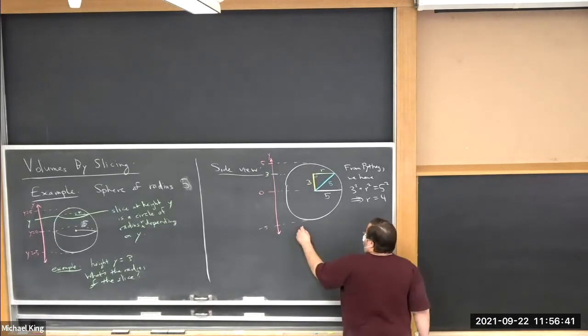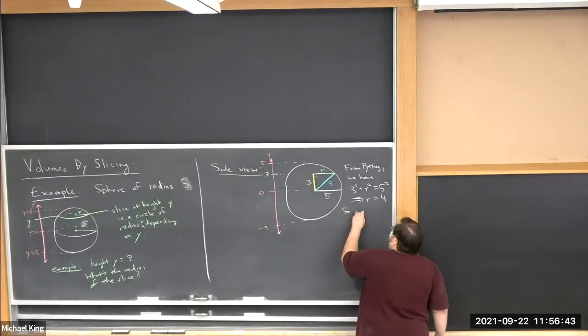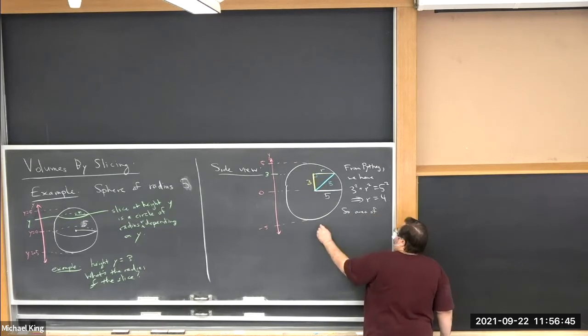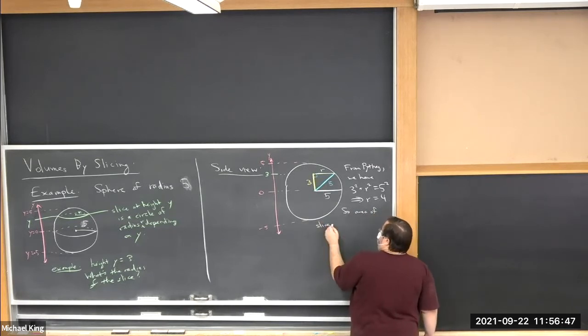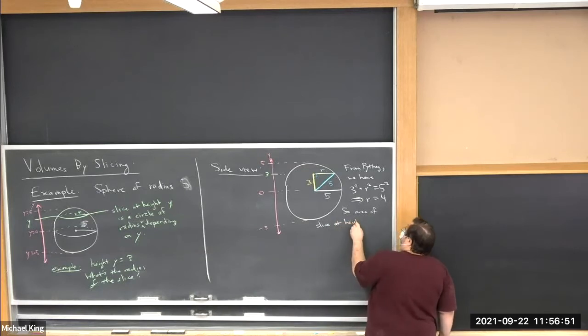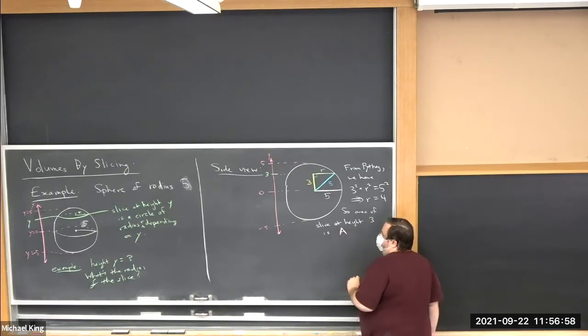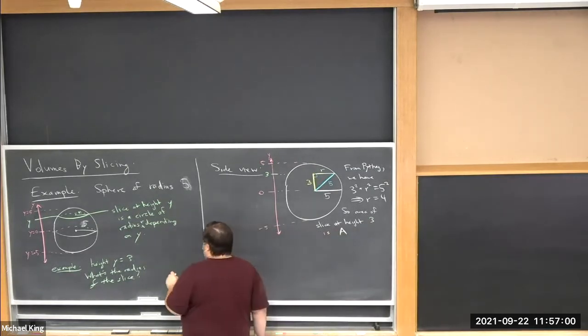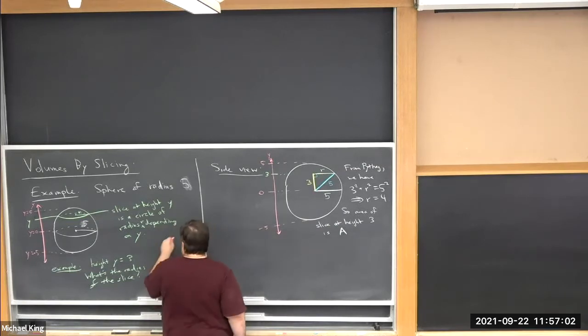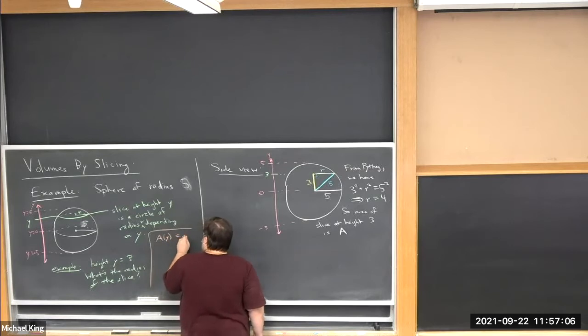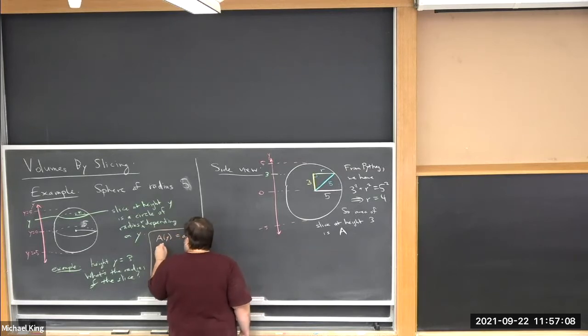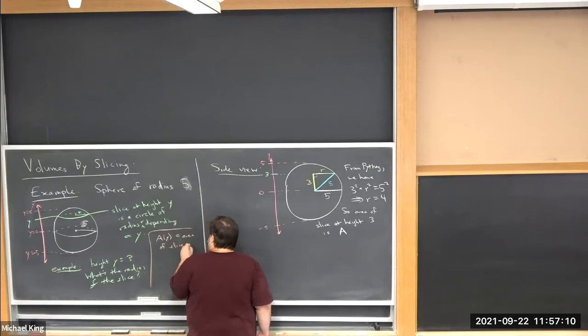So the area of the slice at height 3, since it's a circle, is, remember, I'm going to use A of y for the area of the slice at height y.